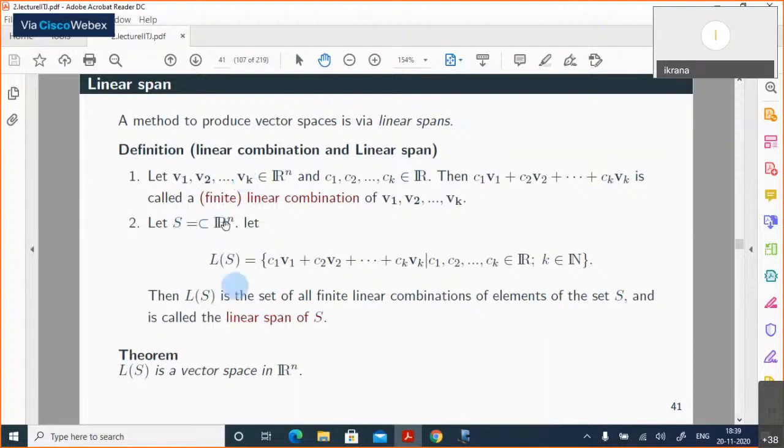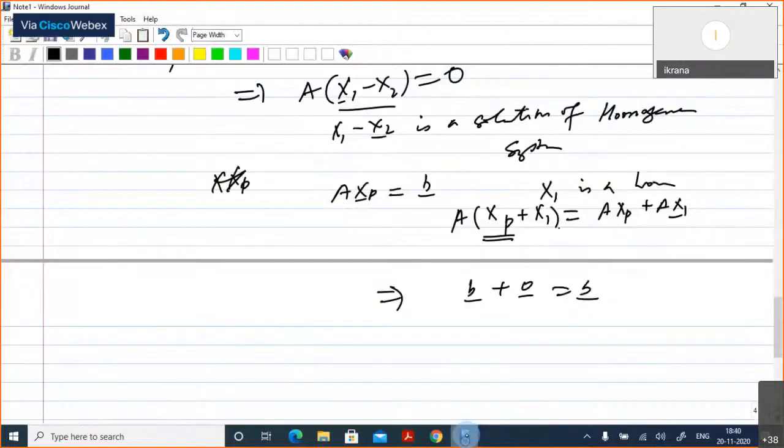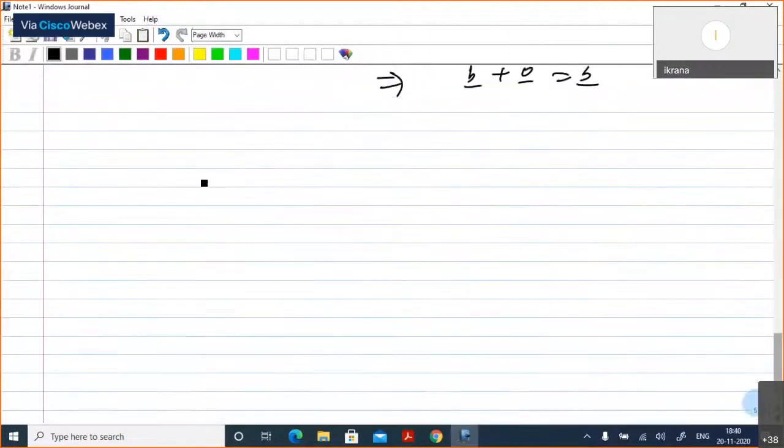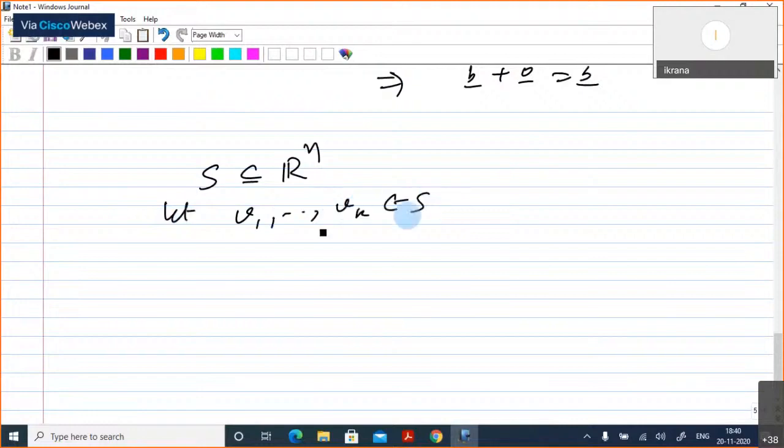Let me clarify something that I said just now. Let us take S, a subset of Rn, and pick up v1, vk belonging to S, any finite number of elements of S. Then you can have a linear combination of them.